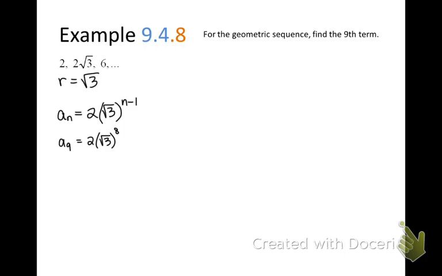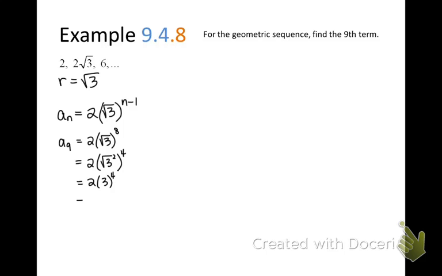Thank you very much. So the way I like to think about this one is that it's 2 times root 3 squared to the 4th. And why did I do that? Because root 3 squared is 3. So I really can think about this as just 3 to the 4th.